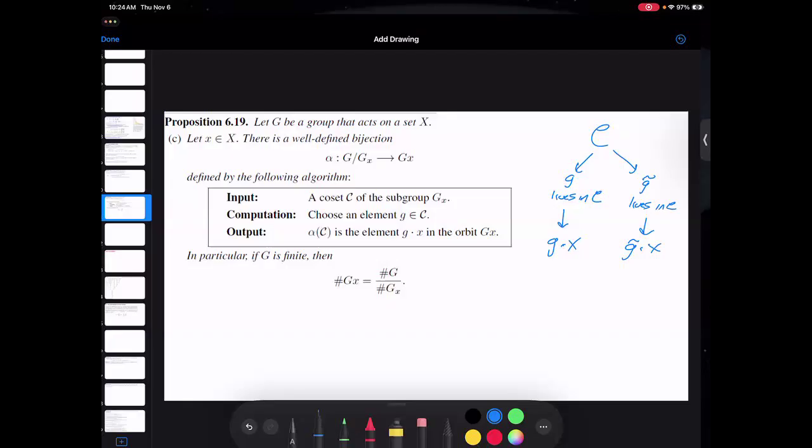It said choose an element. It didn't say which element to choose. It just said choose an element. So what has to be true? What do I need to be true about these? Well, g and g tilde both need to be in the coset. What must be true about gx and g tilde x? If I want this to be well defined, what has to be true?